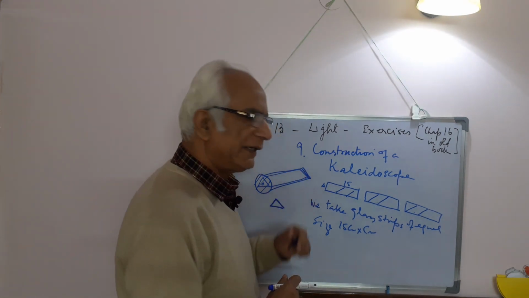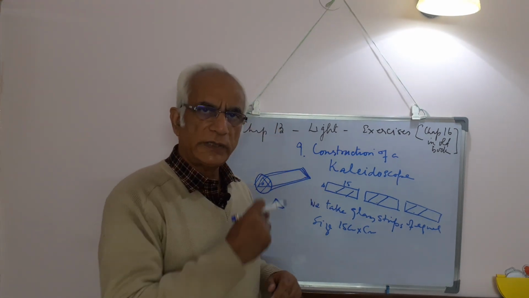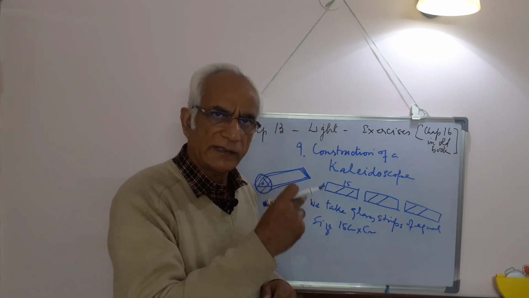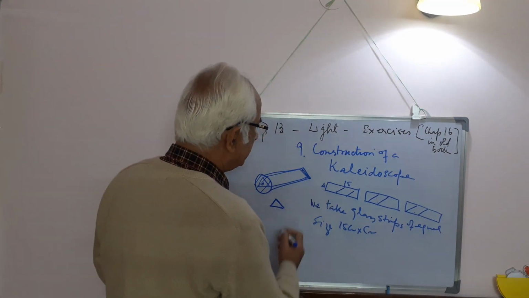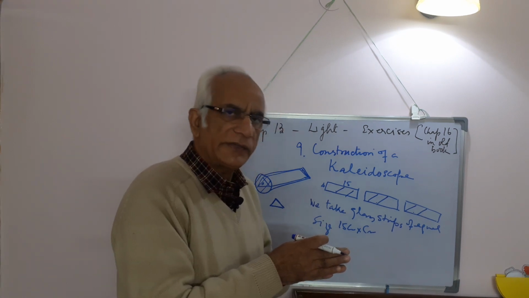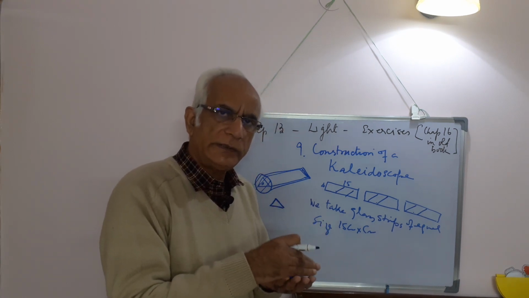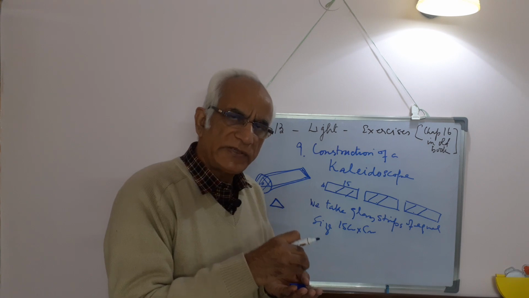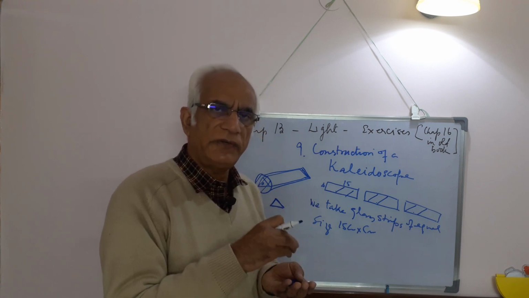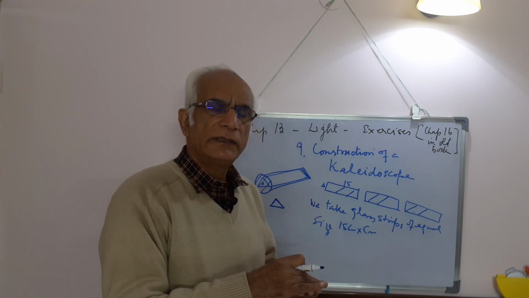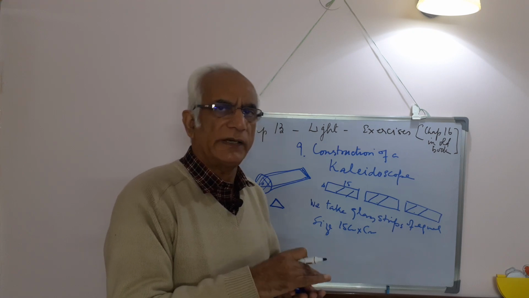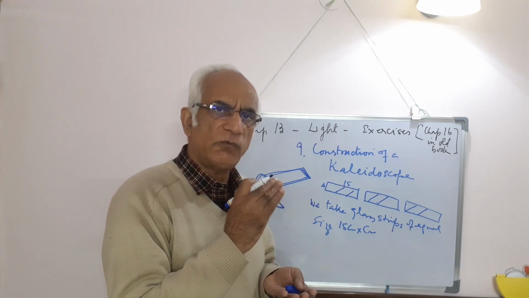On the other side, first we will put a plain glass disc. We'll fix that on the other side. After the glass disc, we'll put certain pieces of broken bangles of different colors. And on top of it, we'll put a disc of ground glass. Ground glass means slightly whitish in color.